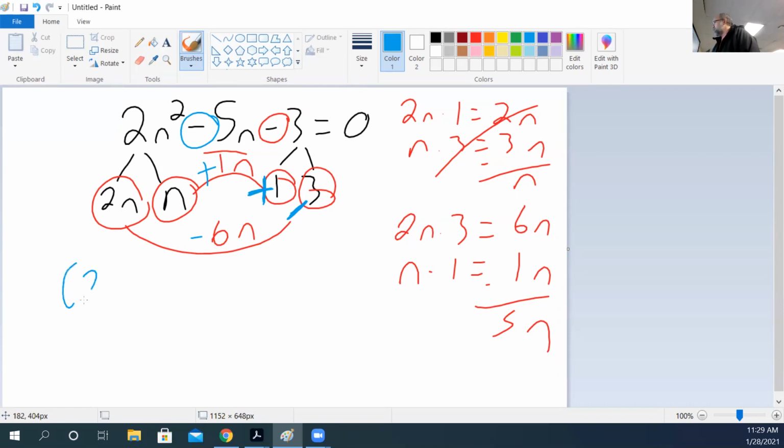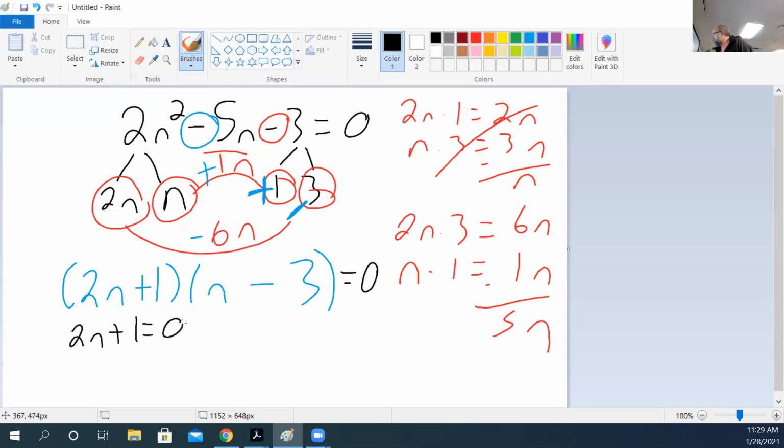So we got 2n, n. The 3 is tied to the 2, so remember it goes way over here. 1 goes here. That's positive, that's negative. And now, don't forget this all is still set equal to 0. I think I have room. So I'll take 2n plus 1 set equal to 0, and n minus 3 equal to 0.